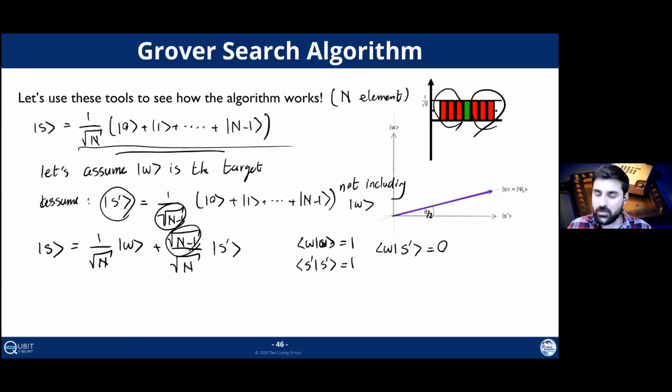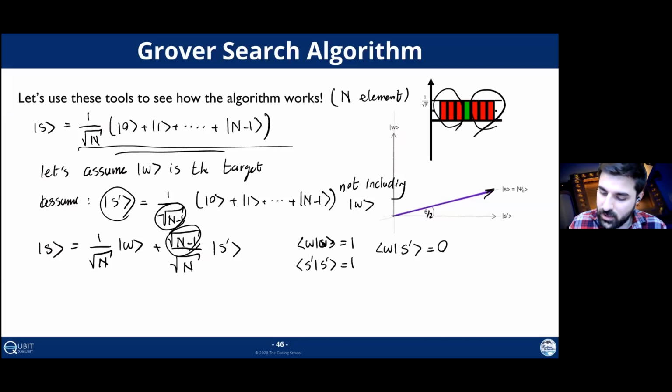And now the original superposition that we have falls somewhere in between. In fact, I can calculate what this angle theta over 2 is by simply looking at the projection of this S state, like this vector, on the y-axis, which in this case is a W state.